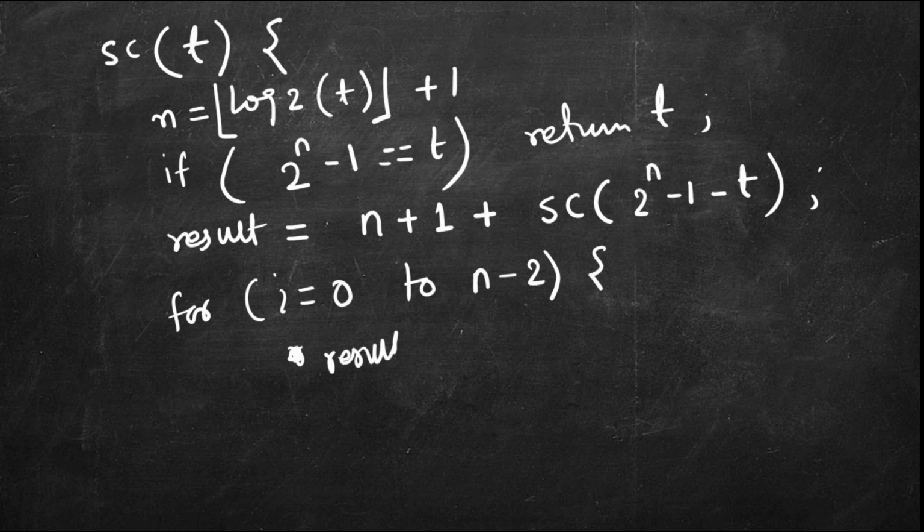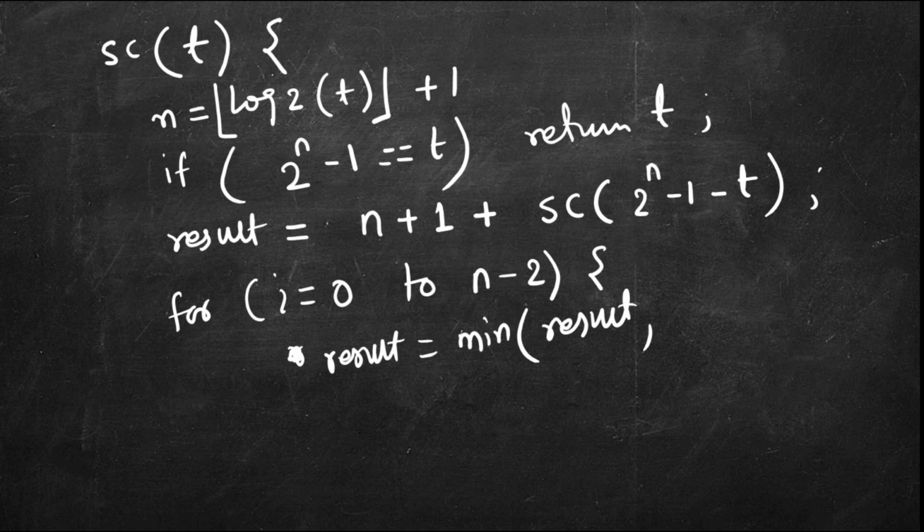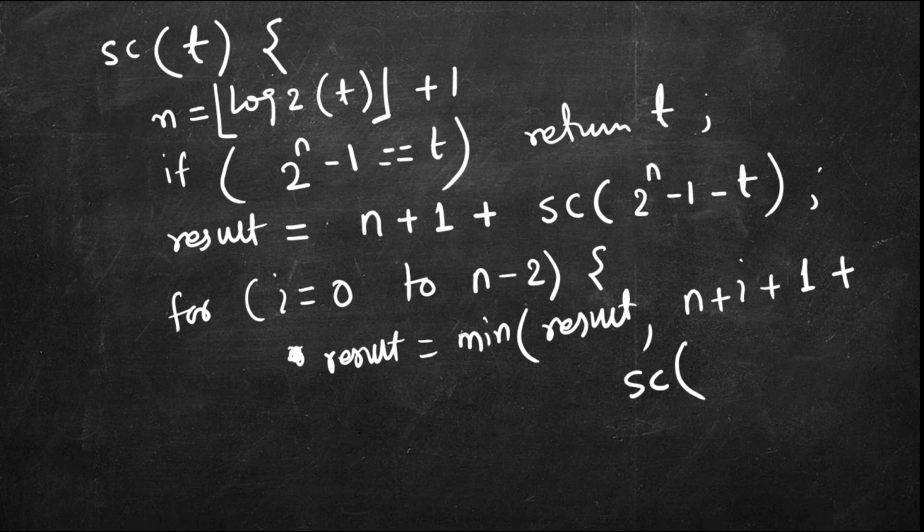So result equal to the minimum of result and this thing: n minus 1 plus I, so this one gets cancelled, so n plus I plus 1, n plus I plus 1 plus the same function on t minus 2 to the power n minus 1 plus 2 to the power I minus 1, again this minus and this minus, these get cancelled, so t minus 2 to the power n minus 1 plus 2 raised to the power of I, and finally we return the result.